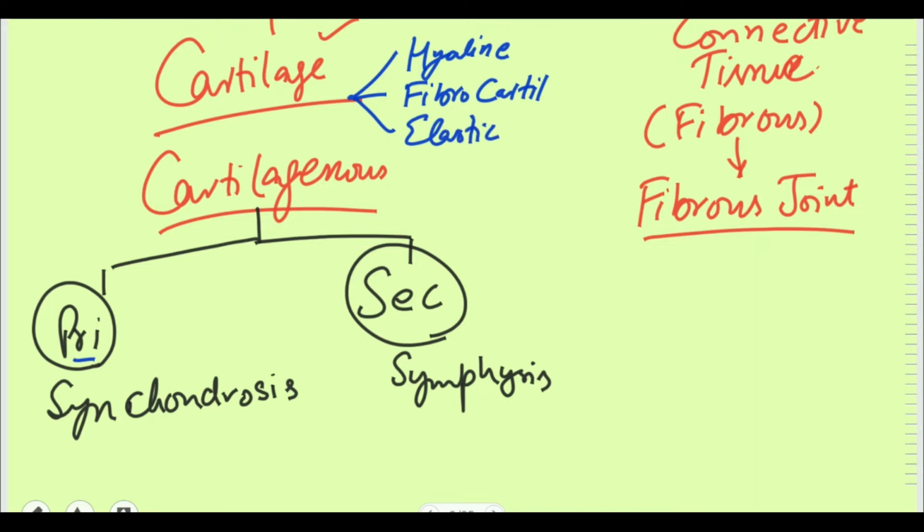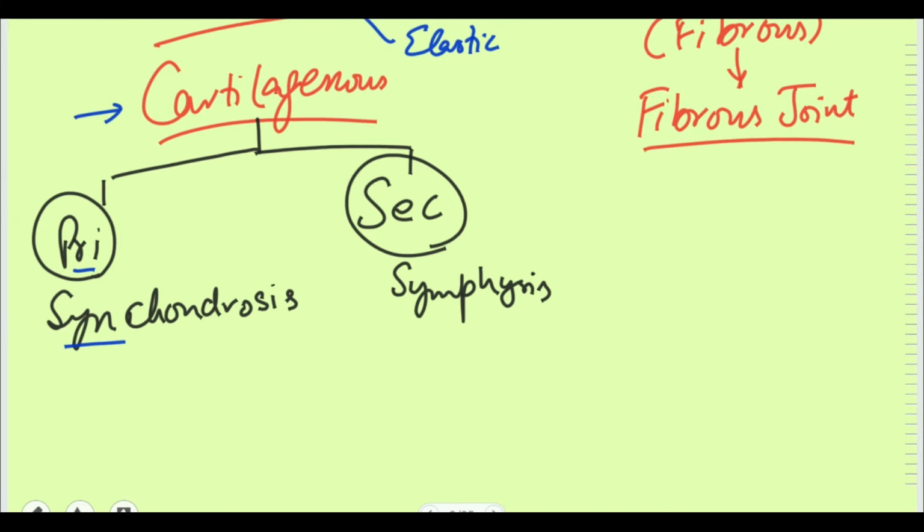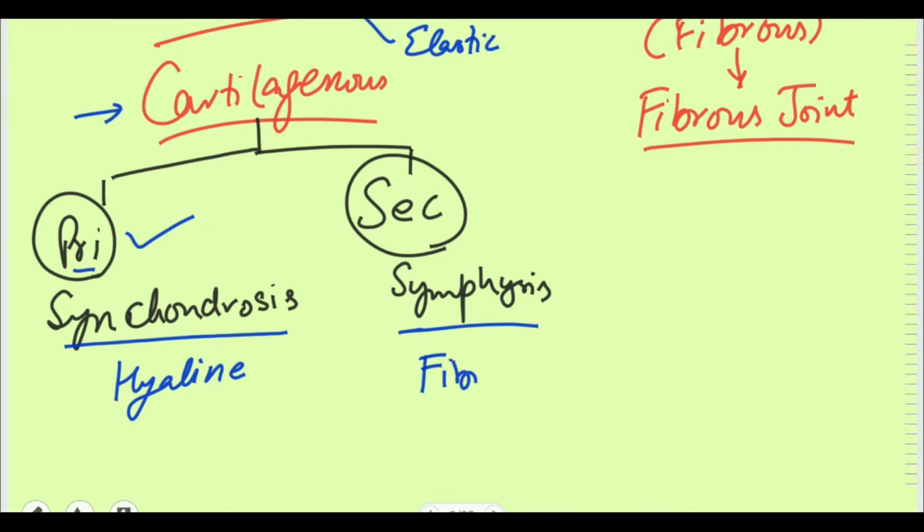So if the uniting medium is cartilage, the joint is cartilaginous, yes, but what about the category of the cartilage? If the cartilage is hyaline cartilage, then it's the primary cartilaginous joint. If the uniting medium is fibrocartilage, keep in mind, not fibrous connective tissue, fibrocartilage, then it's the secondary cartilaginous joint.